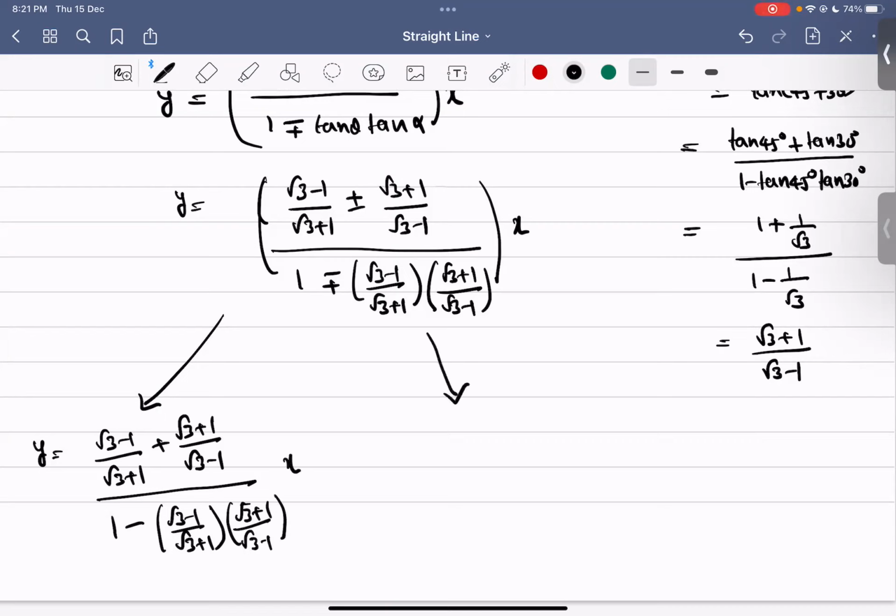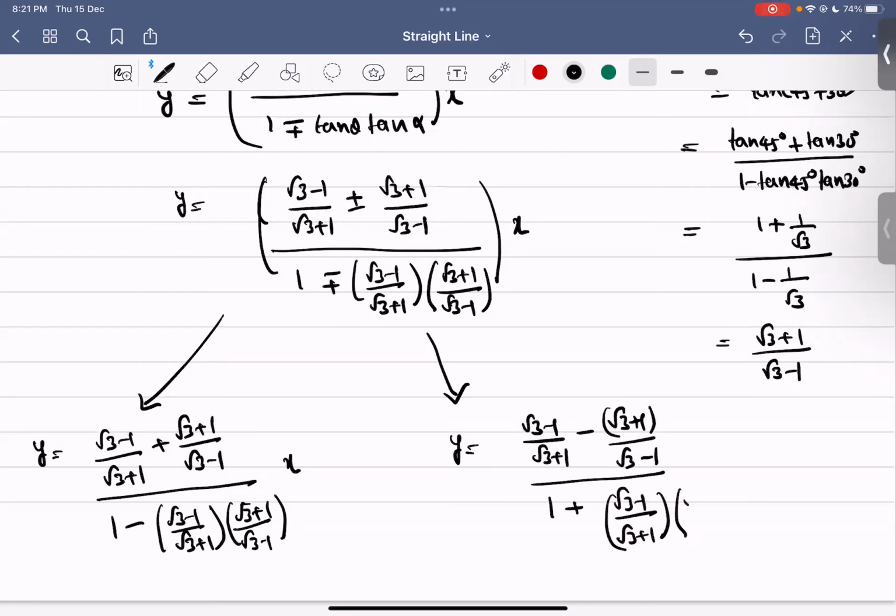So the second line is y equals (root 3 minus 1) by (root 3 plus 1) minus (root 3 plus 1) by (root 3 minus 1) over 1 plus (root 3 minus 1) by (root 3 plus 1) into (root 3 plus 1) by (root 3 minus 1) into x.